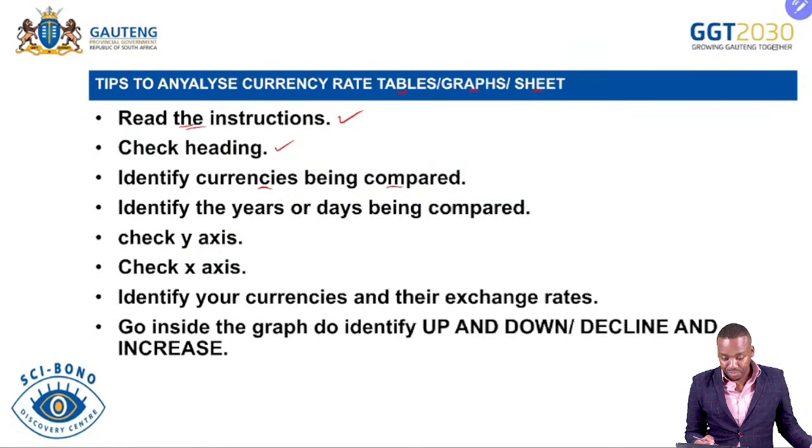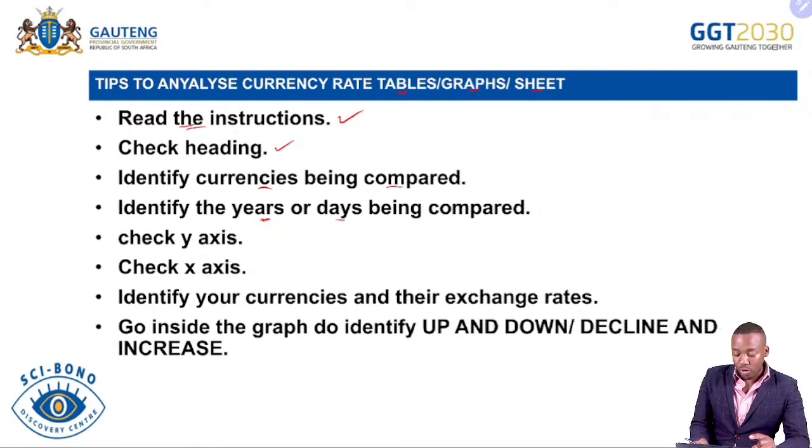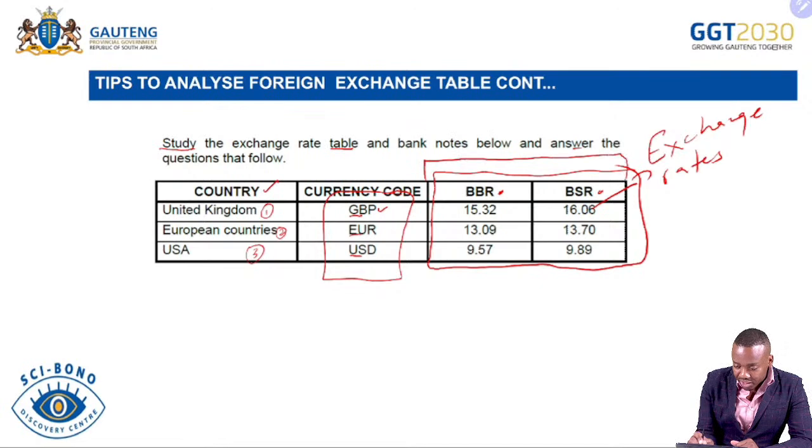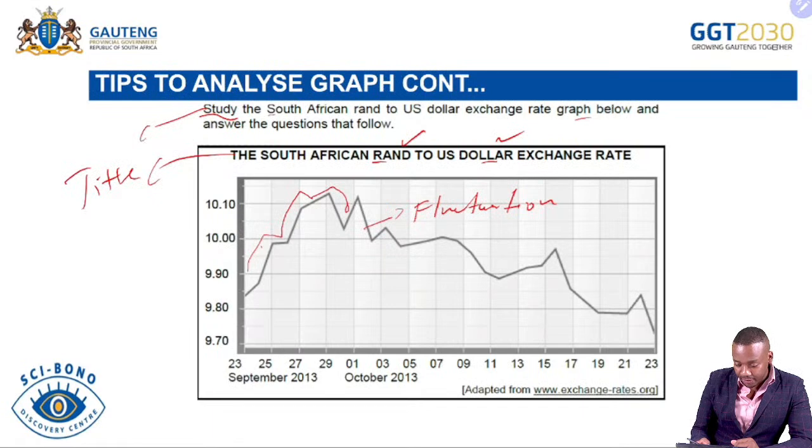Let's check another tip. Identify the years or days being compared. Where will you find this? Obviously there on your key. Here we are not given the date. Sometimes your exchange rate table will have the date, or the day, and they'll be comparing today and the previous day. Let's check this side.